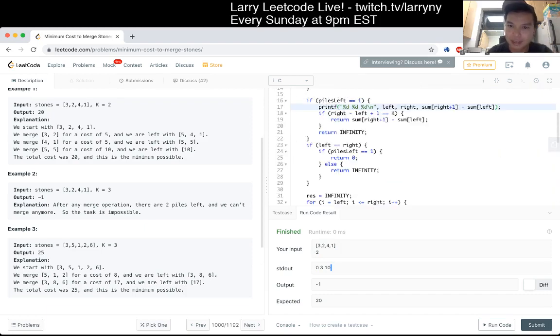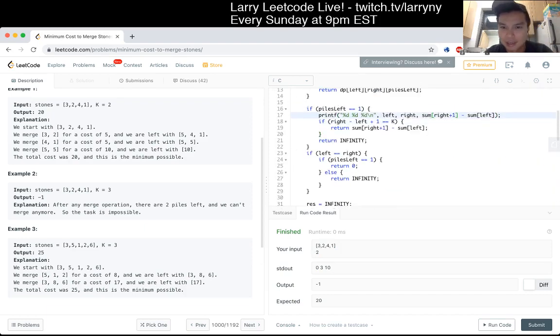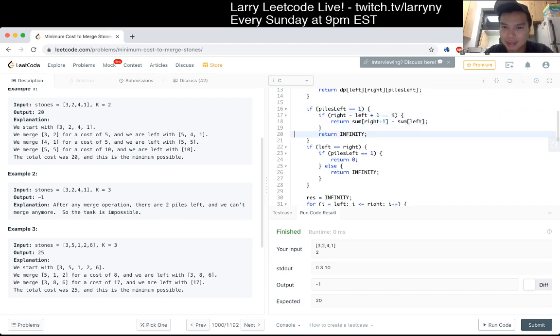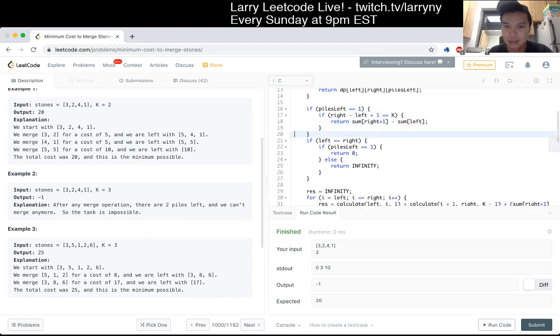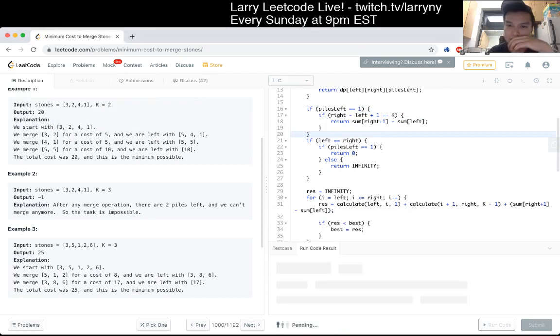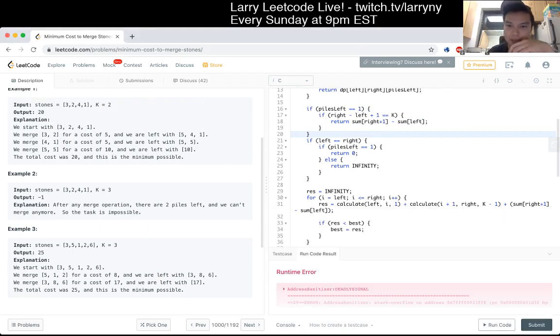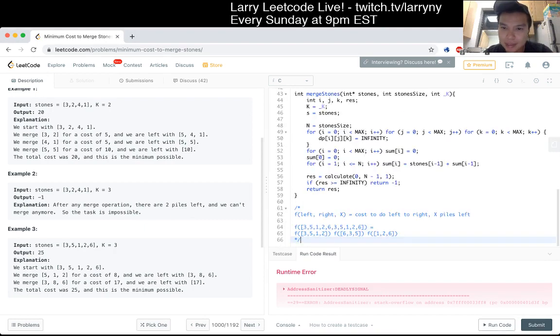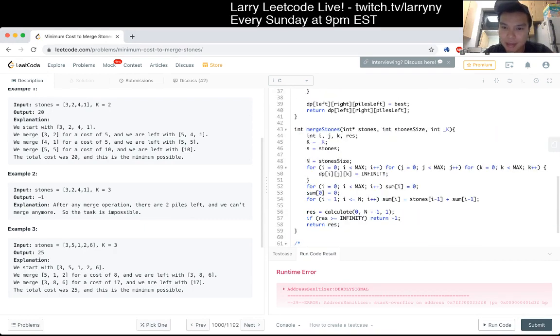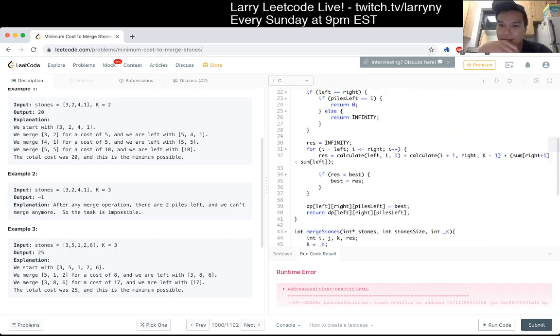Oh man, I messed up my base case. Maybe. Let's try to save it. But so we want the answer to be one pile. There's like some weird thing.